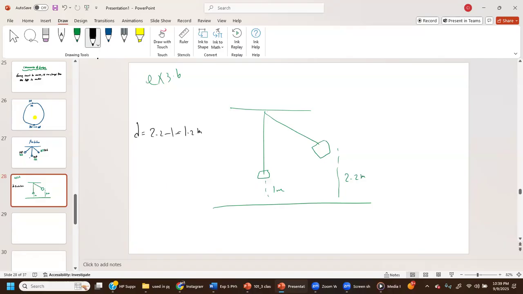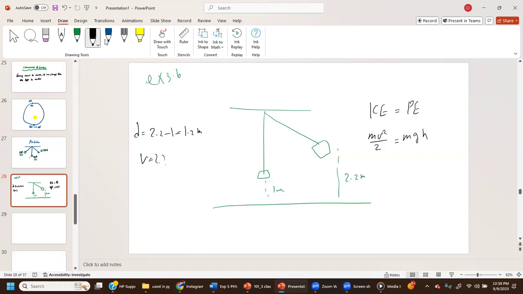And we are looking for the velocity of the girl. Now, with this, you're going between potential and kinetic energy. So your kinetic energy, one half mv squared, equals your potential energy, mgh.